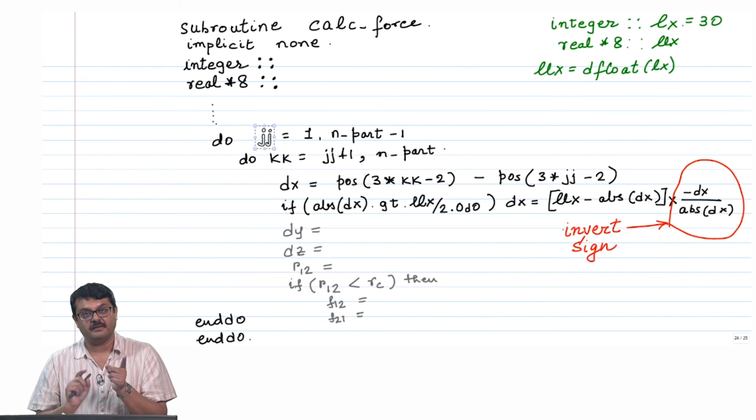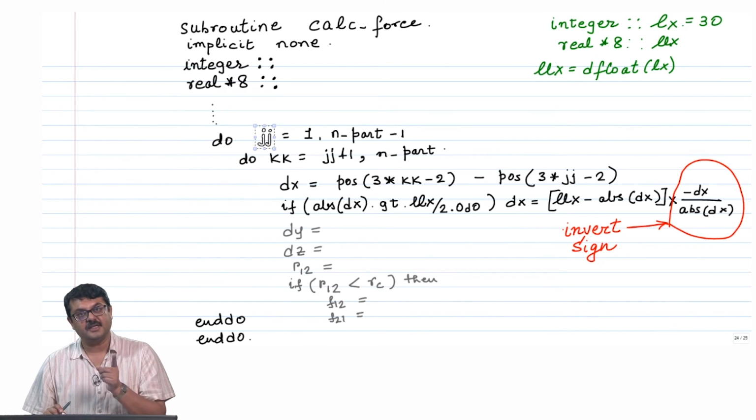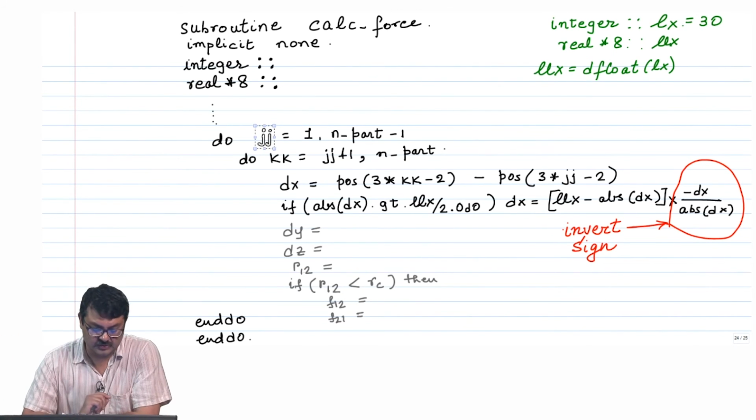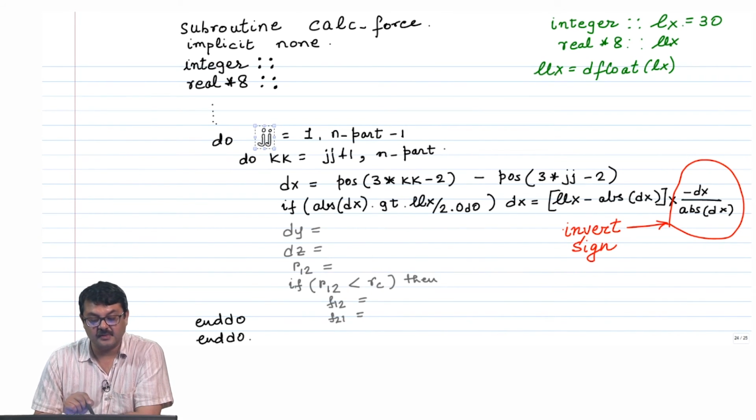So, 1 will interact with 2, 3, 4, 5, 6, 7, 8, and so on and so forth. Similarly, 2 will interact with 3, 4, 5, 6, 7, 8, 9, 10. 4 will interact with 5, 6, 7, 8 and so on. So, suppose you had 100 particles. So, Jj will run from 1 to 99 and Kk, this is another dummy variable, will run from Jj plus 1.